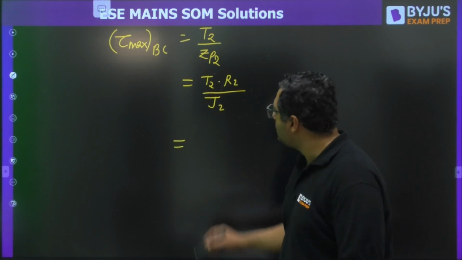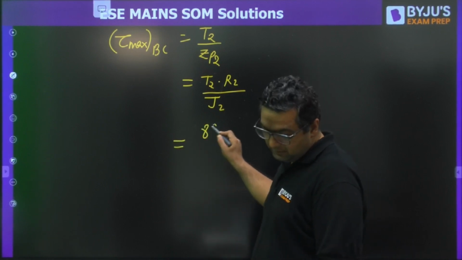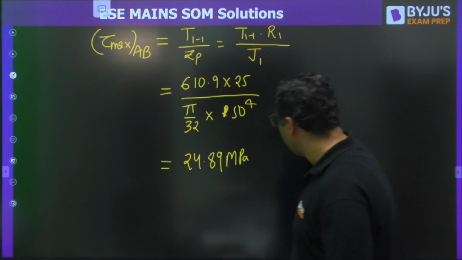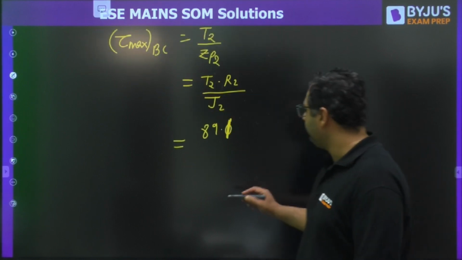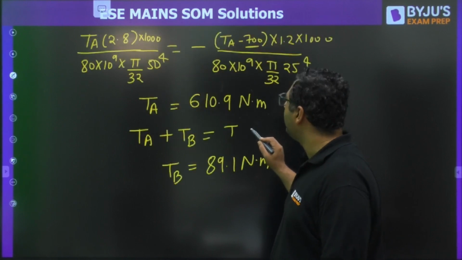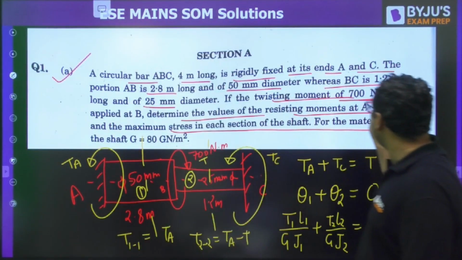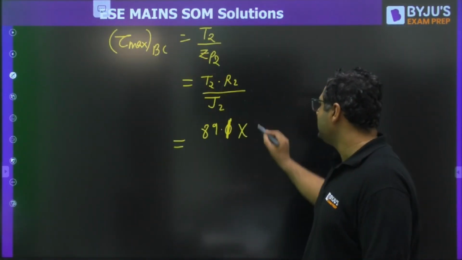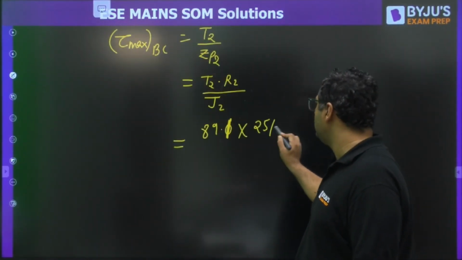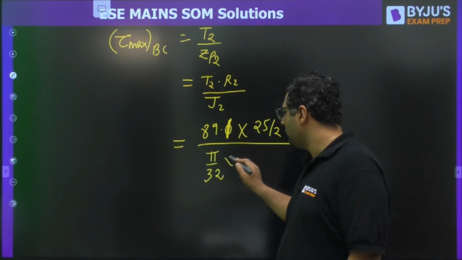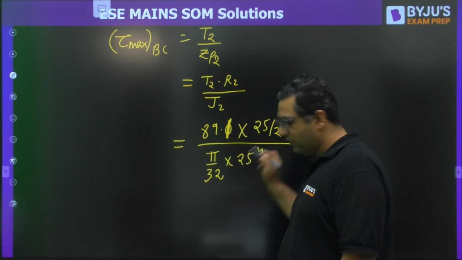Putting these values, T2 is 89.1, into R2, where the diameter is 25, so it is 25 by 2, divided by pi by 32 into 25 to the power 4.